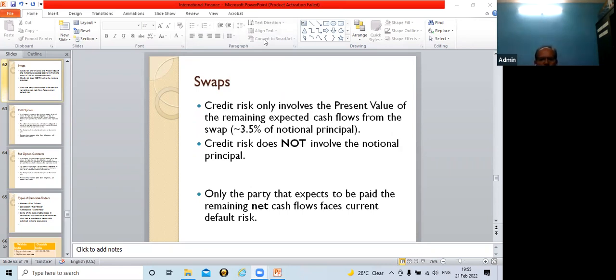Any doubt on the factors which influence demand and supply of foreign exchange, and forward, future, and swap? Please type in the chat box, or unmute yourself and speak with me.